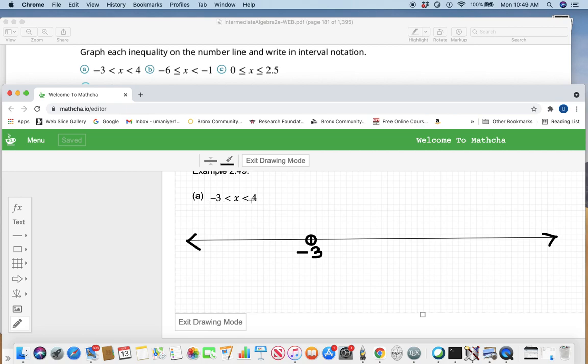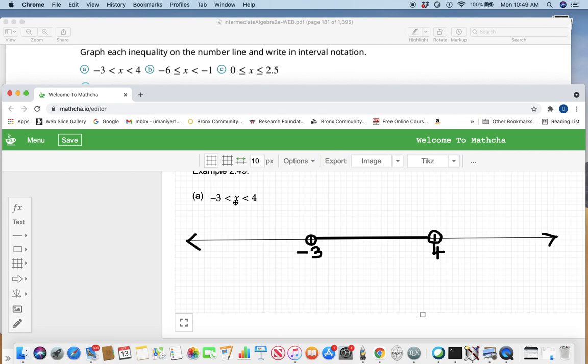The rightmost point is 4. Again, 4 is not included, so it's an open point. And x is between the two. That's what we are saying. x is bigger than negative 3, but less than 4.